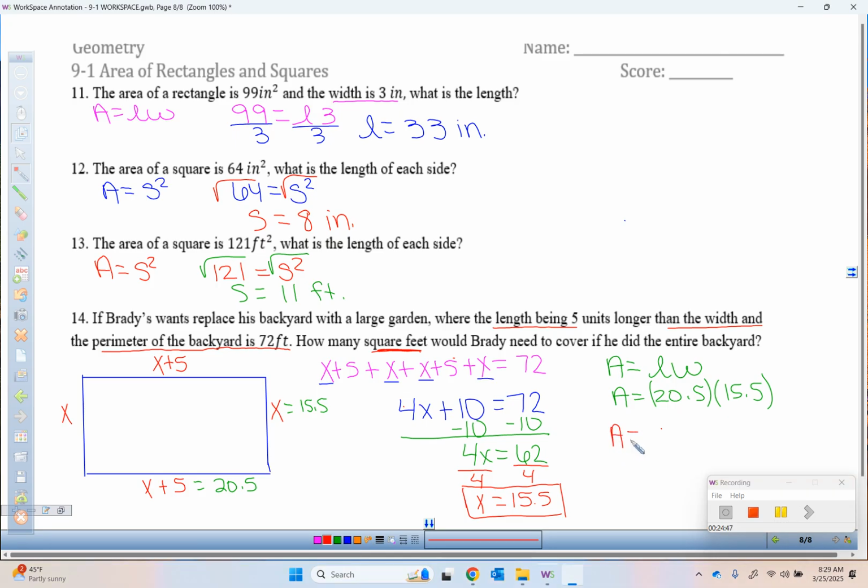Good, 317.75. And what's my units? Did it give me a unit? It actually just said units, didn't it? Units squared. Very good. That is my answer. This is how much he will need to replace the whole backyard.